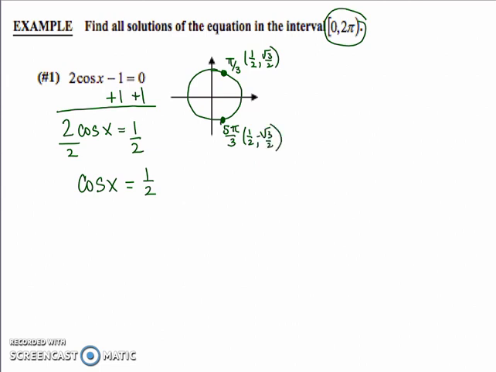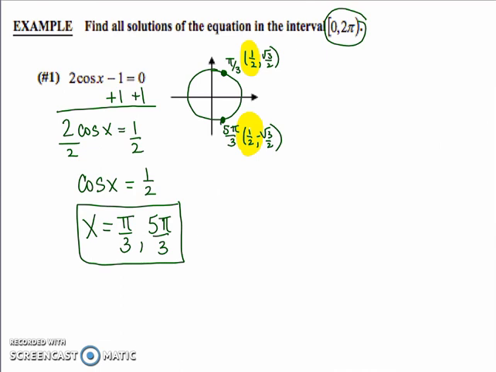But what we care about is the fact that the x value, or the cosine value, is equal to 1/2. So my two solutions for this problem are x equals pi over 3 and x equals 5 pi over 3.